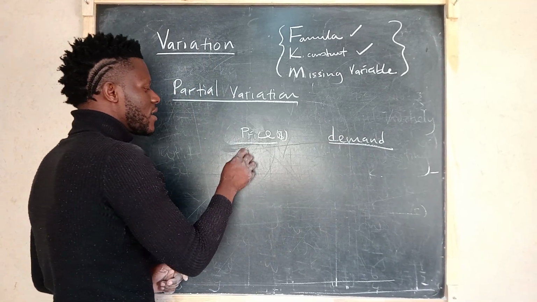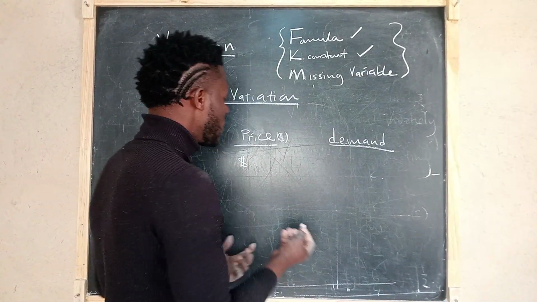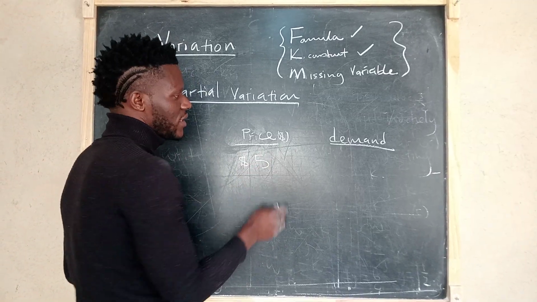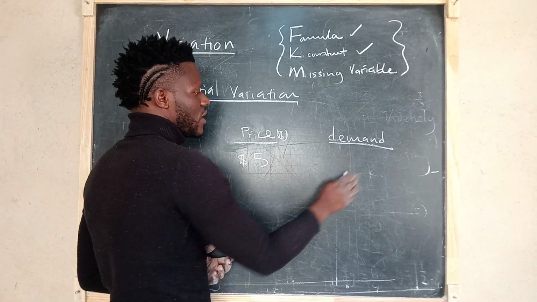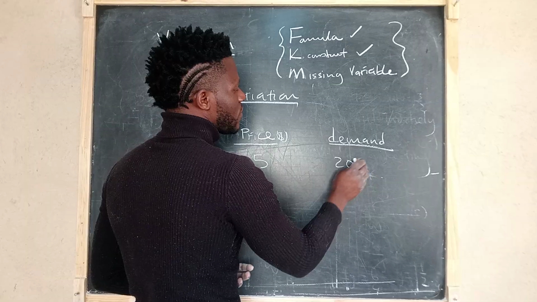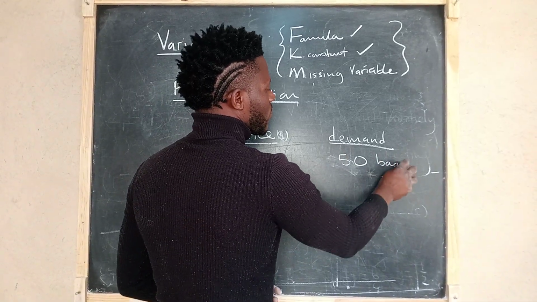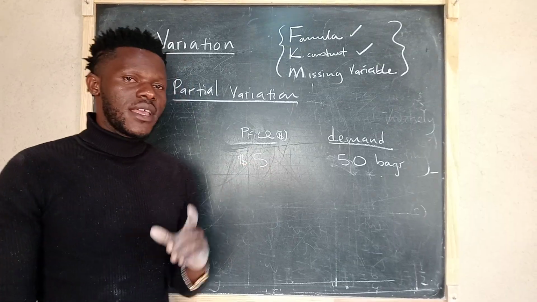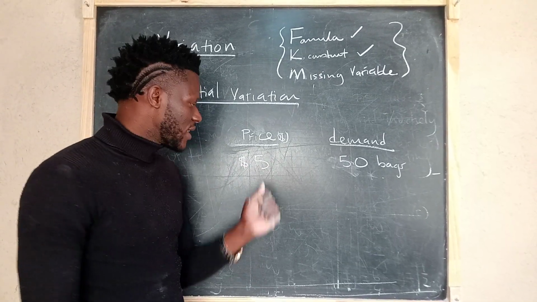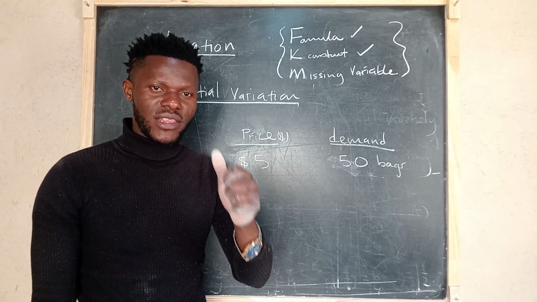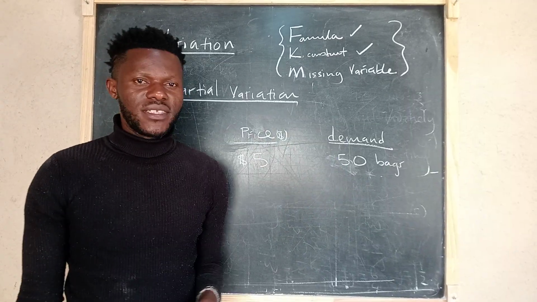If a 10 kg bag of mini meal is selling at $5, in a month we are selling 50 bags.